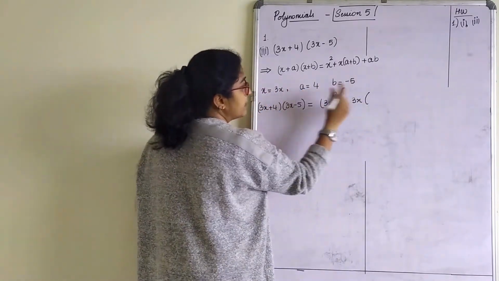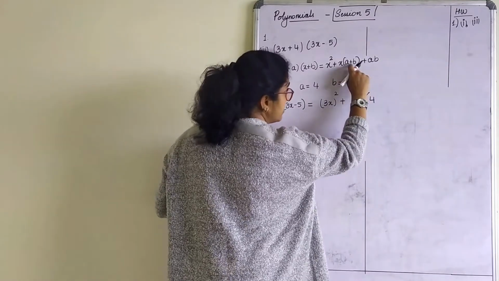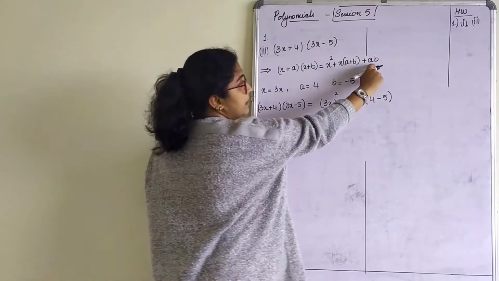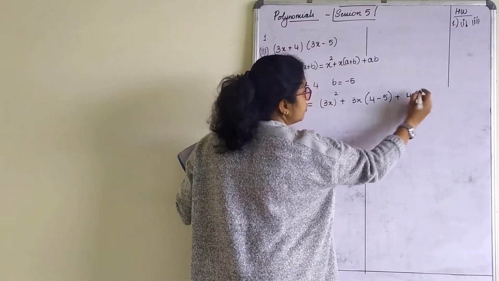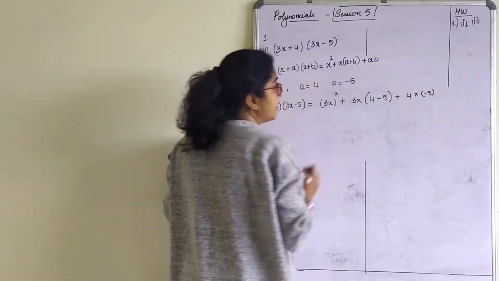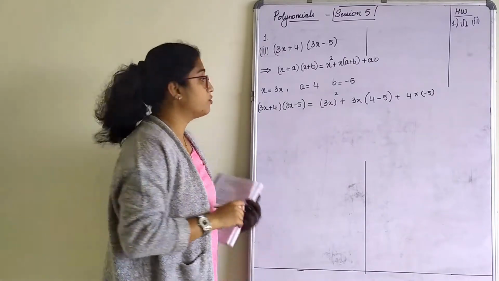What is your a here? 4. What is your b? Minus 5. Plus ab. What is your a? 4, into what is your b? Minus 5. Right? So if you go on substituting it in detail, you will never go wrong.